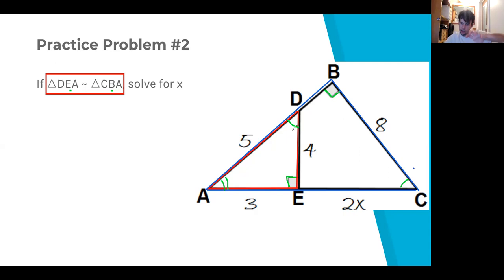The orientation is a little strange, kind of where they match up and what sides are going to go together. So some people might like to take that red triangle out and draw a new copy of it just with a similar orientation. So they might draw something like this for themselves and say, all right, let's put that right angle on top so that it matches this a little better. That's E. Let's put that single mark angle down here.